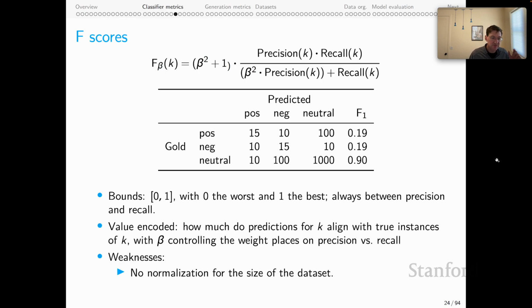The weaknesses: there's no normalization for the size of the data set, and it ignores all the values off the row and column for K. If I'm doing the F1 for the positive class, I don't pay attention to any of these other values, no matter how many examples there are in those off elements. And so that's a kind of structural bias that gets built in here, a kind of a place that these metrics miss when you think per class.